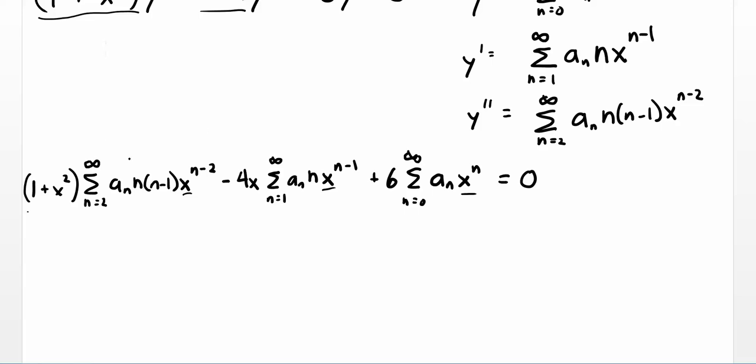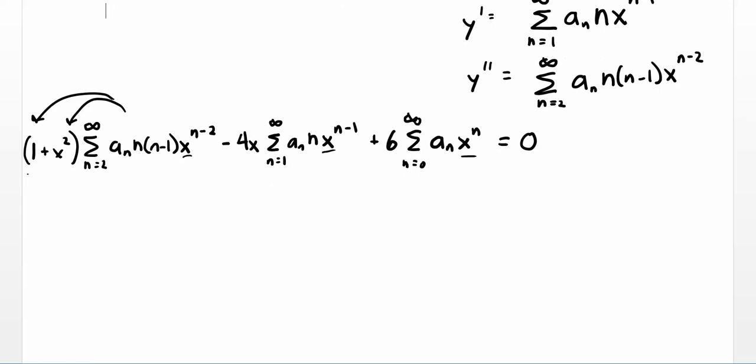Think about distributing the series to both of these terms. Well, the first term would just be 1 times the series, so we would just get the series again, starting at n equals 2 to infinity, a sub n times n minus 1, x to the n minus 2.